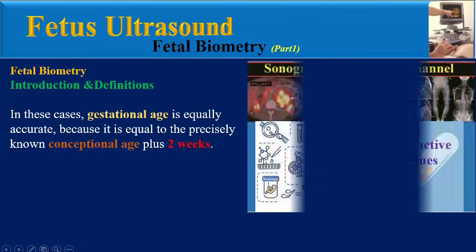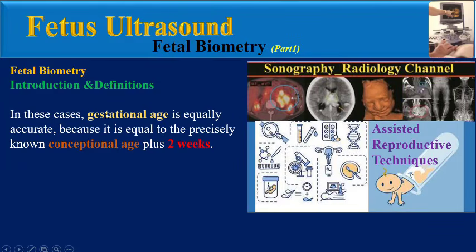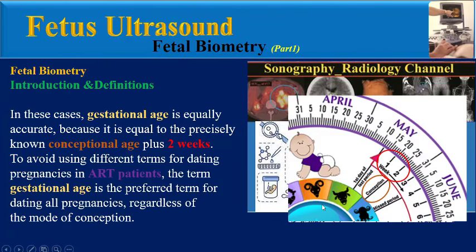In these cases, gestational age is equally accurate because it's equal to the precisely known conceptional age plus 2 weeks. To avoid different terms for dating pregnancies in ART patients, the term gestational age is the preferred term for dating all pregnancies regardless of the mode of conception.